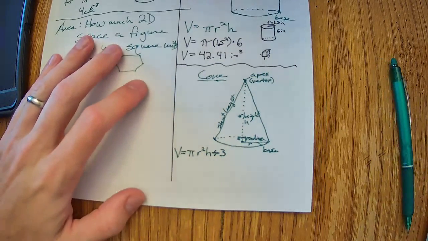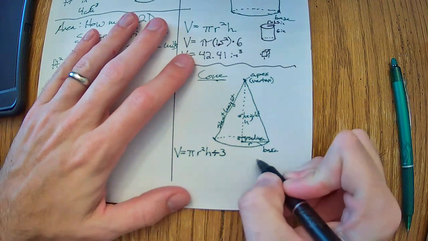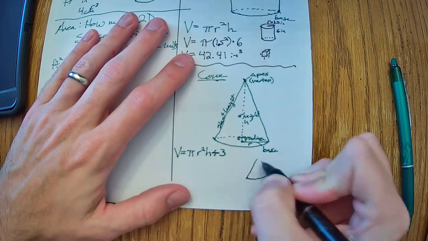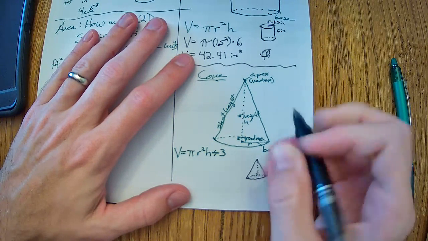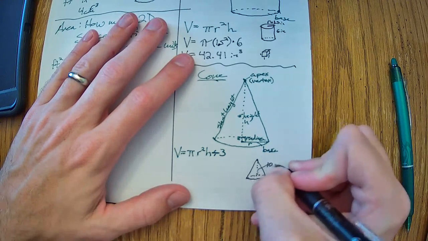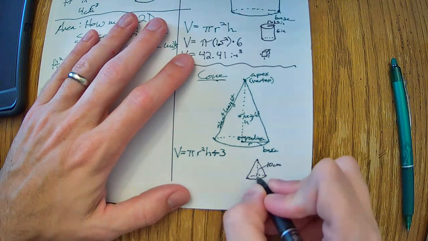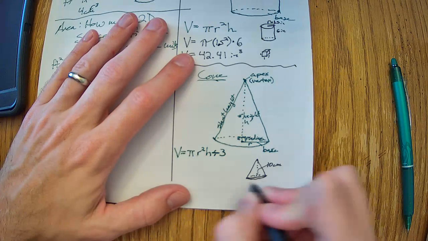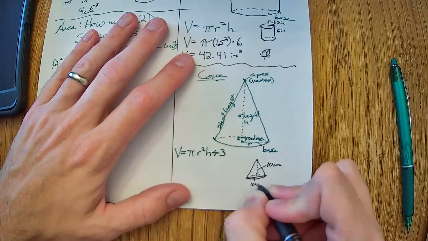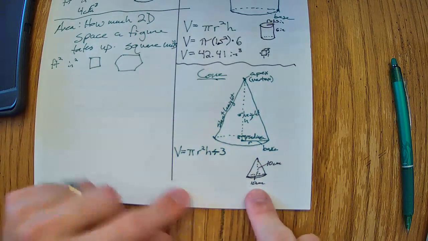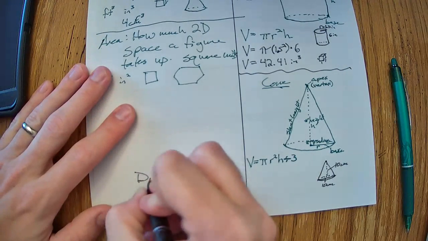So let's try an example. Let's get a rough sketch going here. Maybe something like that. We'll say our height is 10 centimeters and let's do a diameter. Diameter goes all the way across the circle, and let's say our diameter is also 10 centimeters. Let's write this over here.